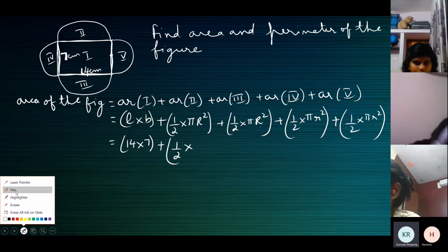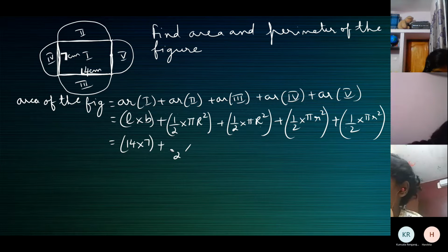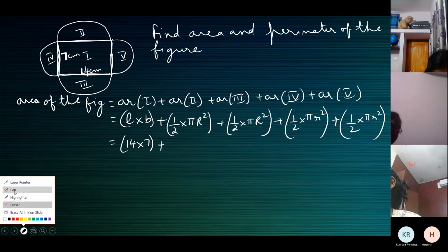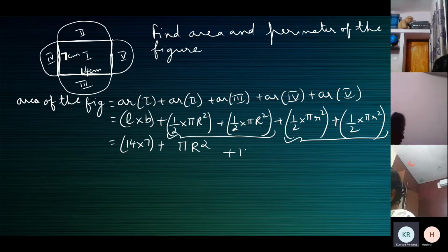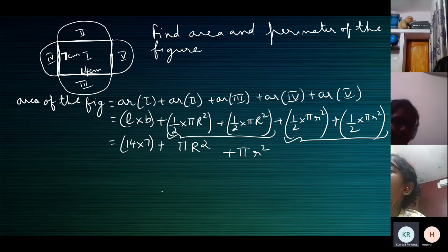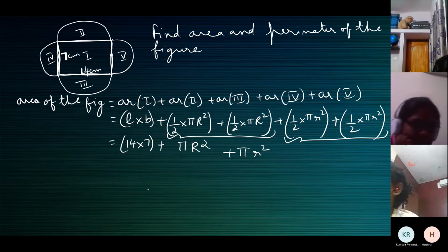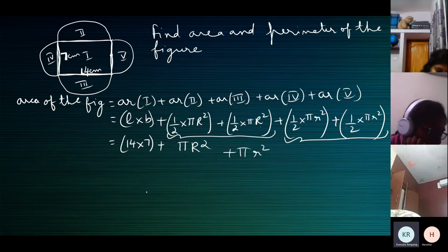You can even add that and just write pi r square, like this. Half pi r square plus half pi r square is 1 pi r square.